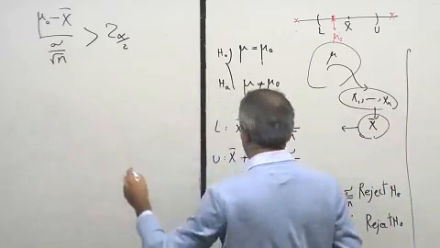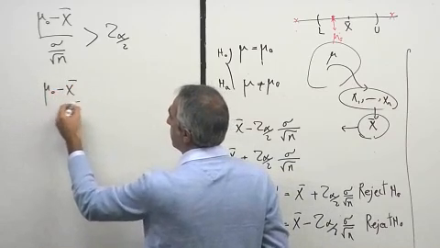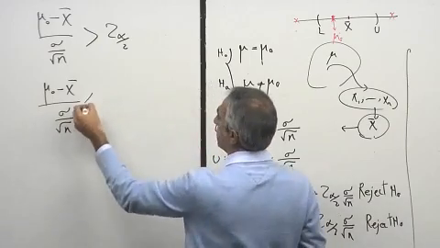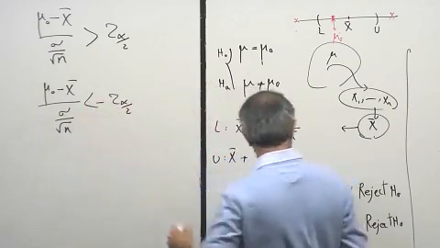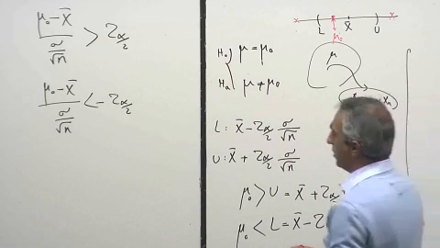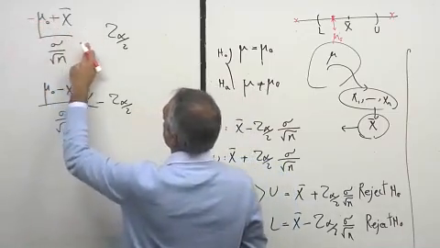And the same thing here. Okay? So mu 0 minus X bar is less than, is that correct? Yes. Let's multiply it by negative.